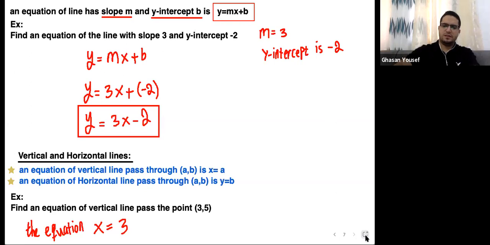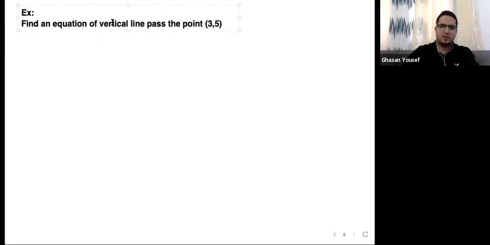Okay, another example. Find an equation of a horizontal line that passes through the point (4, 7).